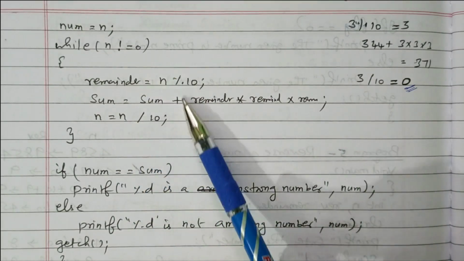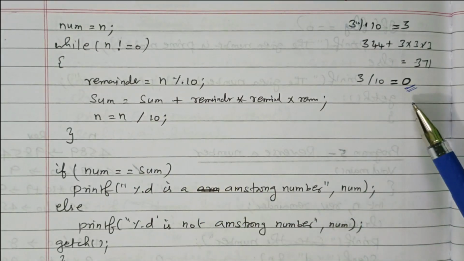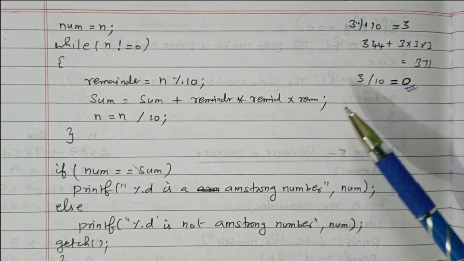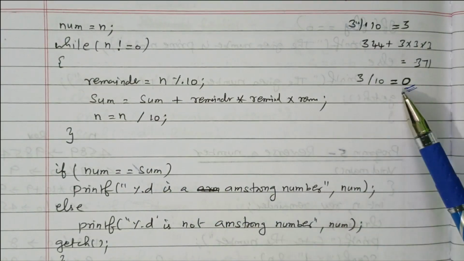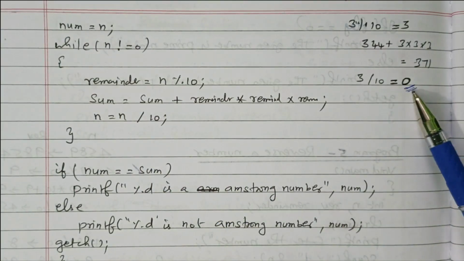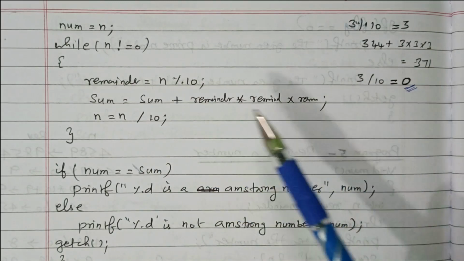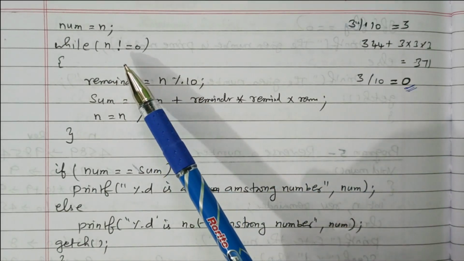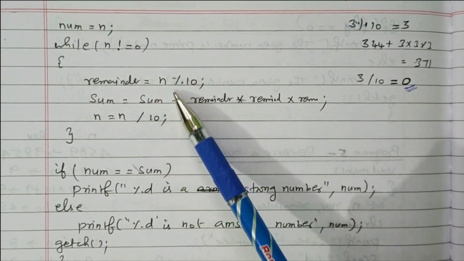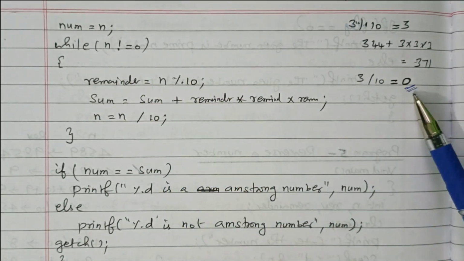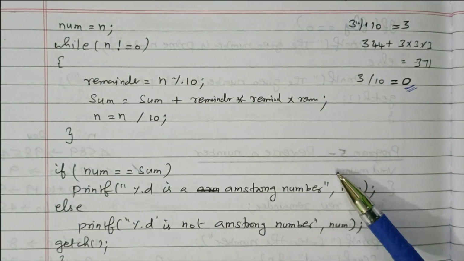The same process is repeated until it reaches the 0 value. Suppose the number, that is n, becomes 0, we can stop this process. When n is not equal to 0, this process will be repeated. If it is 0, it will stop the process.